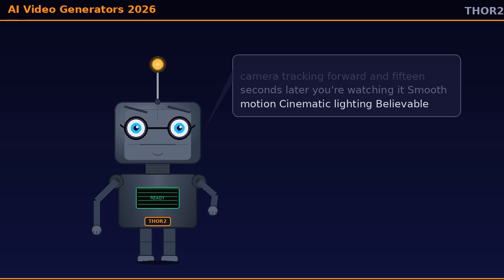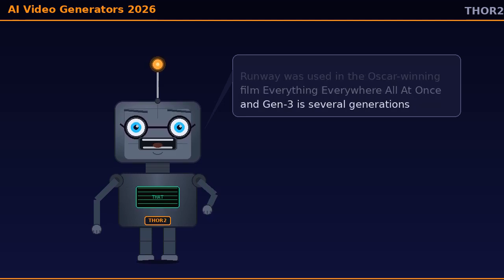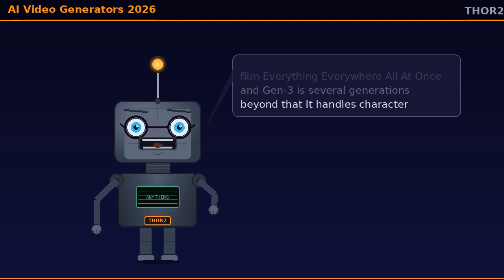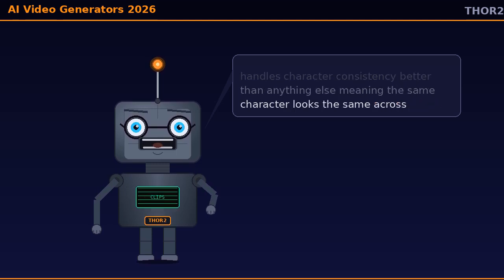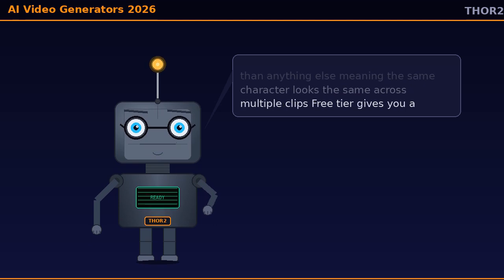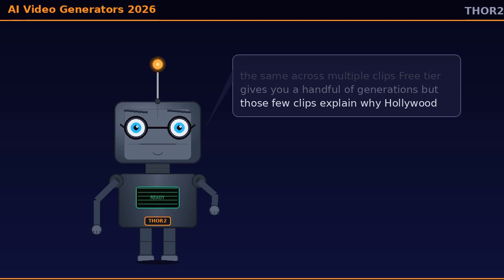Believable physics. Runway was used in the Oscar-winning film Everything Everywhere All at Once, and Gen 3 is several generations beyond that. It handles character consistency better than anything else, meaning the same character looks the same across multiple clips. Free tier gives you a handful of generations, but those few clips explain why Hollywood editors are nervous.